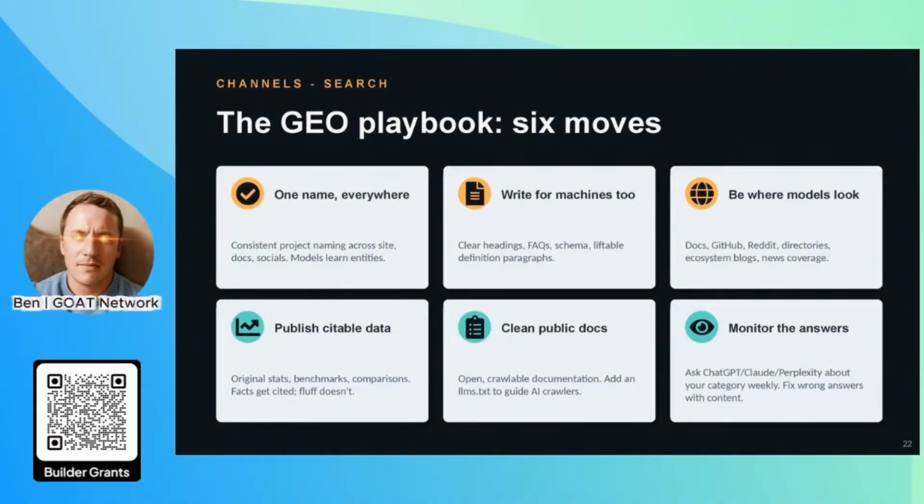So what wins in GEO is writing naturally, and that's what gets cited. Old style SEO tricks, from when I used to study this stuff, you can't really apply them to GEO.